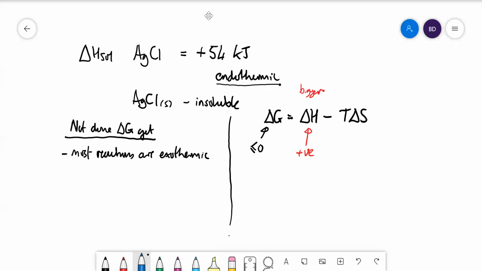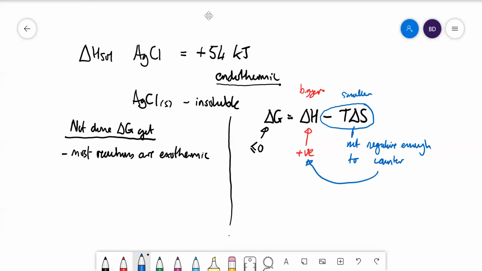T delta S is a lot smaller usually. And the reason silver chloride won't dissolve is because of this value here, the temperature times the entropy change is not negative enough to counter that value.